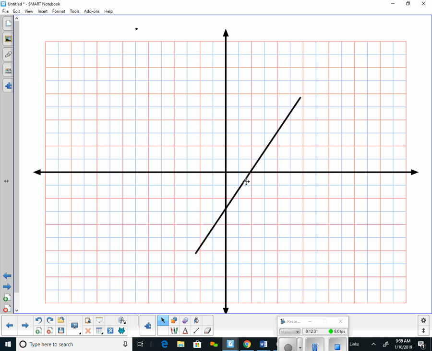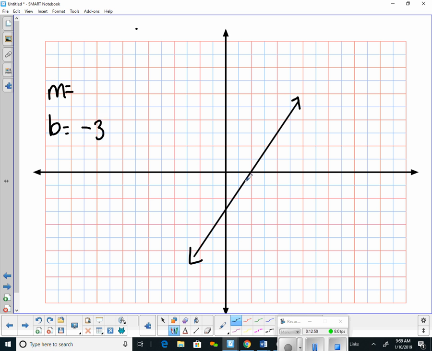I want to slide it down just a little bit. Okay, so if we have this line, the first thing you need to do is find your slope and your y-intercept. Well, here my y-intercept is, we're going to call that negative 3. I'm going to slide it down just a little bit more. So that's negative 3.